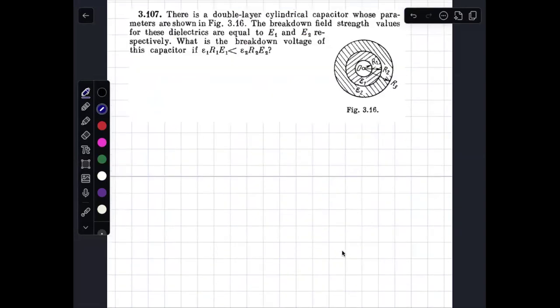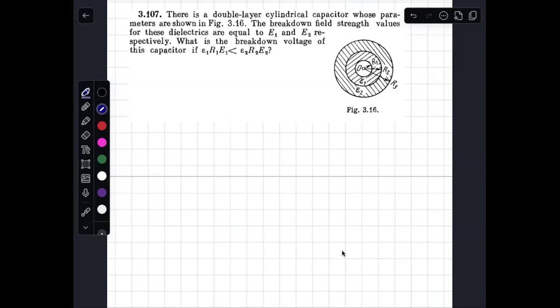This is your next question. Read this carefully. There is a double layer cylindrical capacitor whose parameters are as shown in the figure.